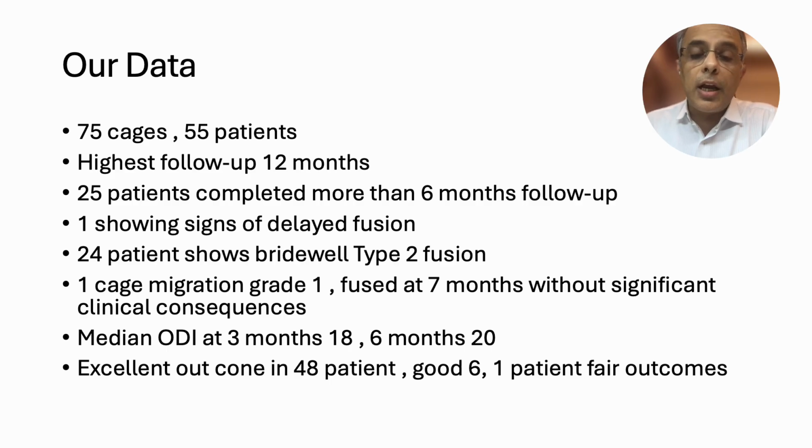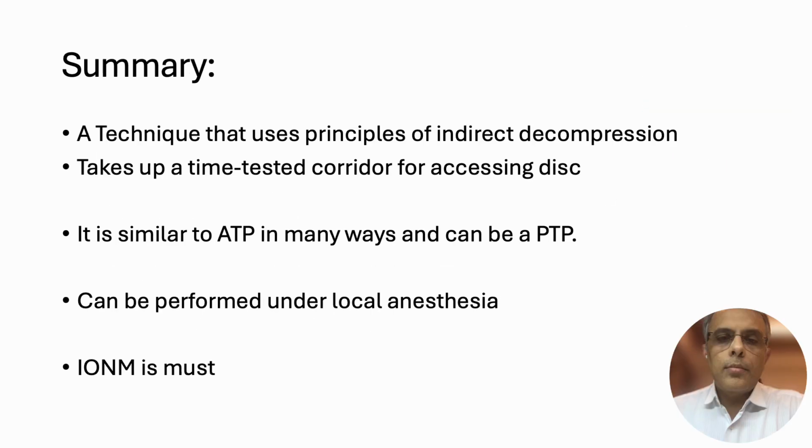Median pre-op ODI was around 82 for all our patients, and ODI dropped to 18 at 3 months and 20 at 6 months. Excellent outcome in 48 patients, good in 6, and one patient has a fair outcome wherein delayed fusion is present, we are hoping that it will fuse.